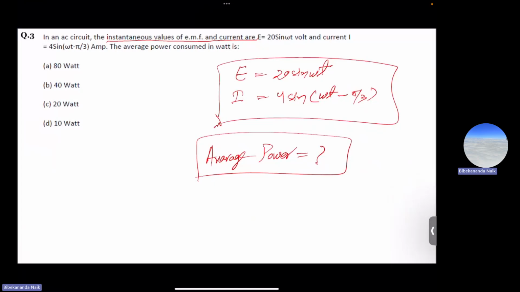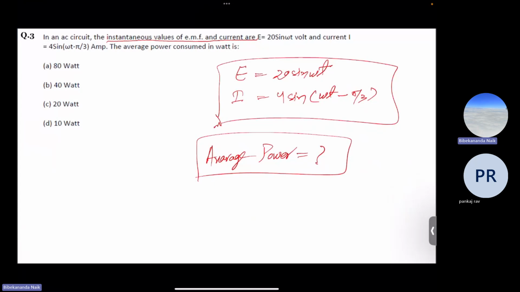So here the instantaneous value of EMF and current is given and we need to find out the average power. Here we don't need to use that formula where we were averaging over a complete cycle.